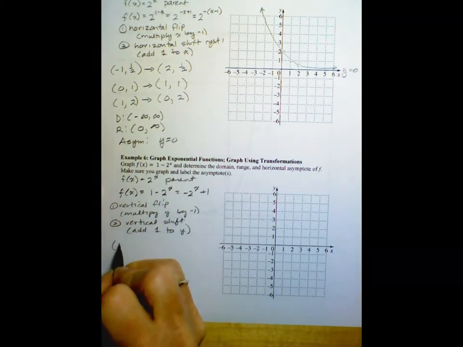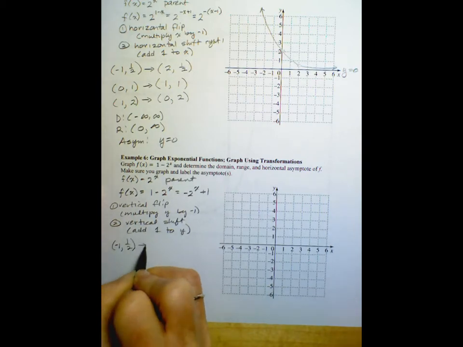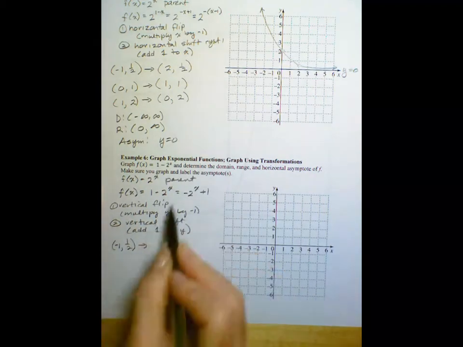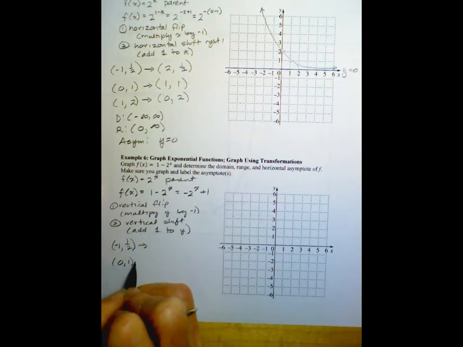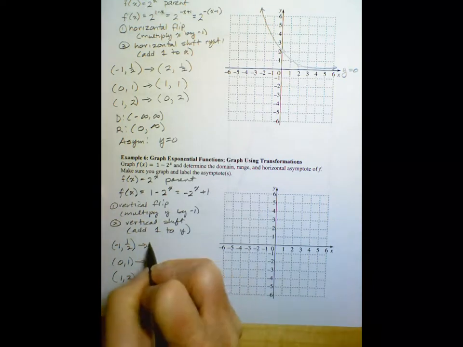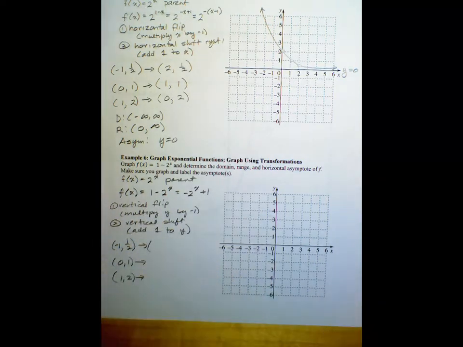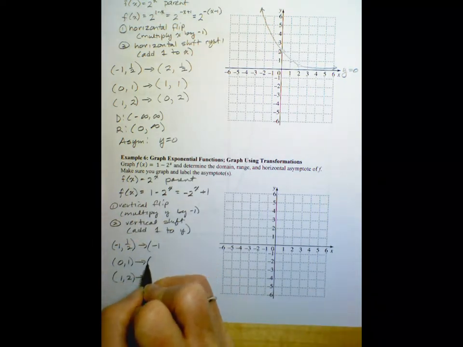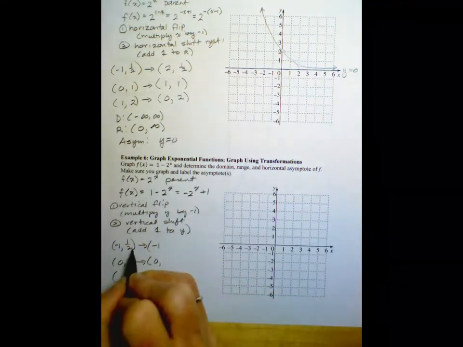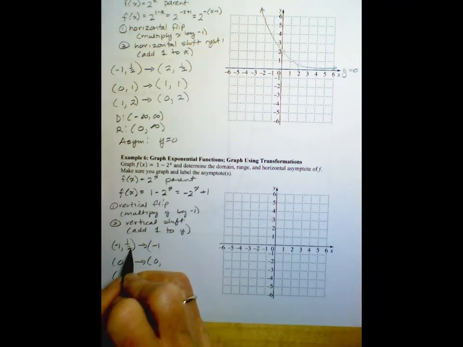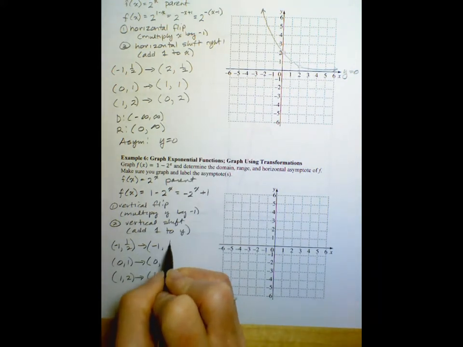Three points. You should be knowing these by now. Negative 1, 1/2, because a is 2. If a were 3, we'd be writing 1/3. 0, 1, and 1, 2. Okay, so everything's vertical, so none of the x's are affected. So we'll multiply y by negative 1: negative 1/2, add 1 to negative 1/2, and we get positive 1/2.